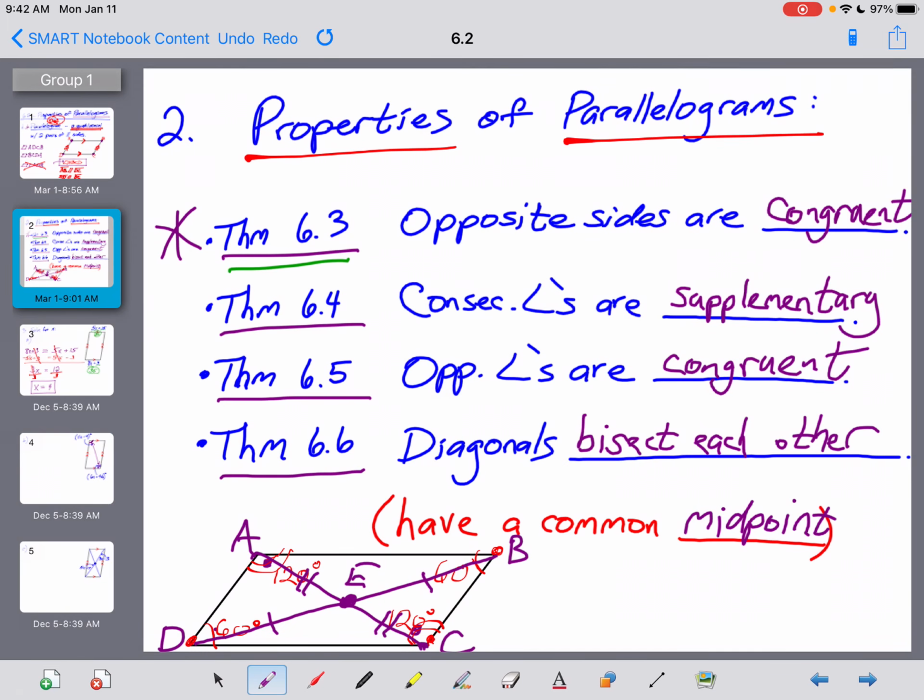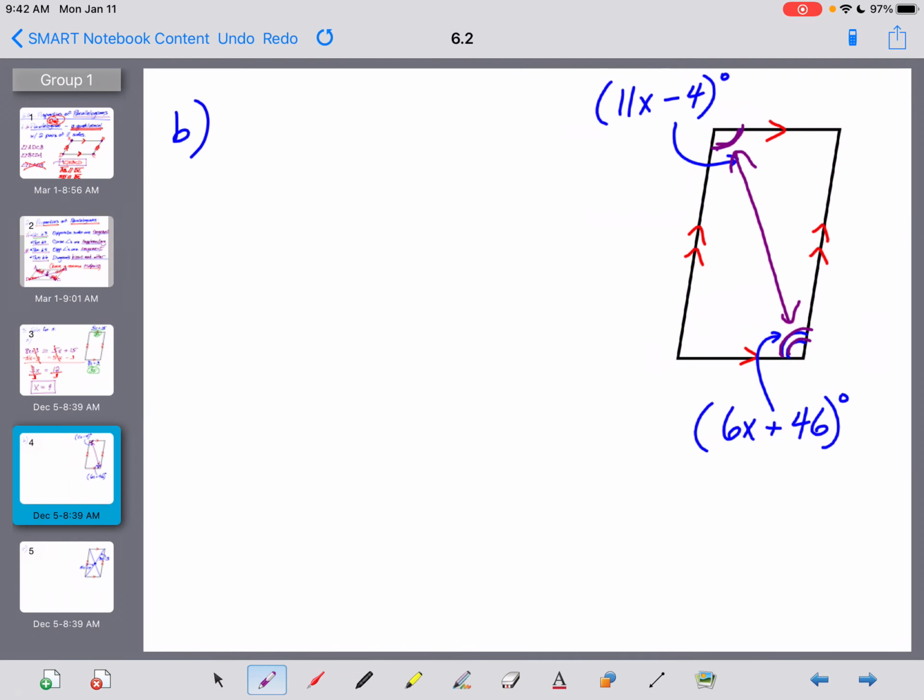So I go back to my list of properties and I look for the one that tells me something about opposite angles, and that's the third one here, theorem 6.5, that says opposite angles in a parallelogram are congruent. So what do we know here, guys? We know that the angle in the top left, that's 11x minus 4 degrees, has to be equal in measure to the one in the bottom right, which is 6x plus 46.